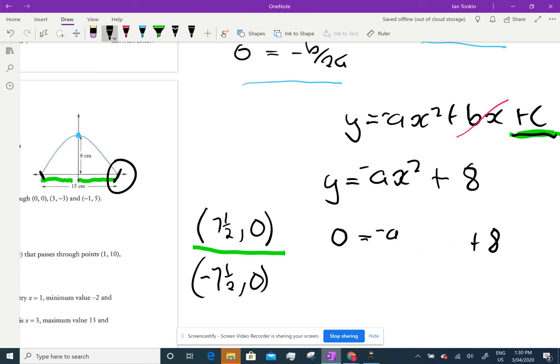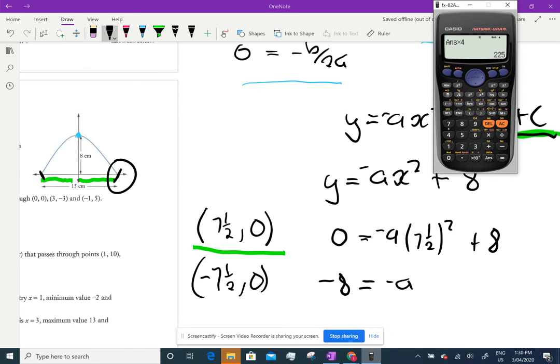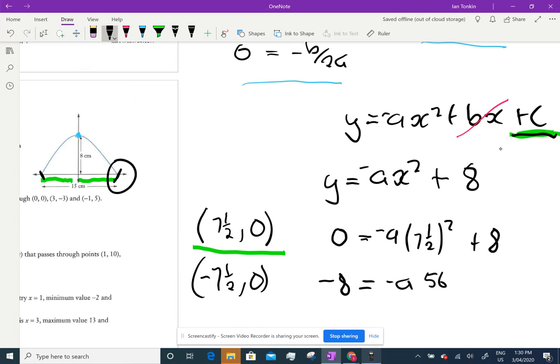Negative a times 7.5 squared. Now, let's minus that 8. So negative 8 equals negative a times 7.5 squared. 7.5 squared is 56.25, 56 and a quarter.